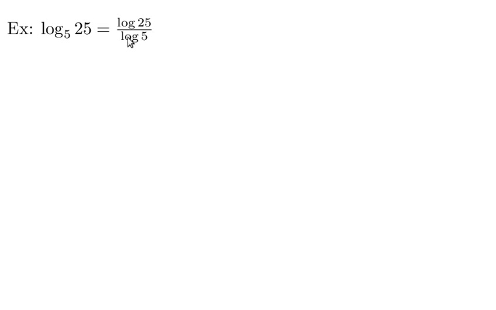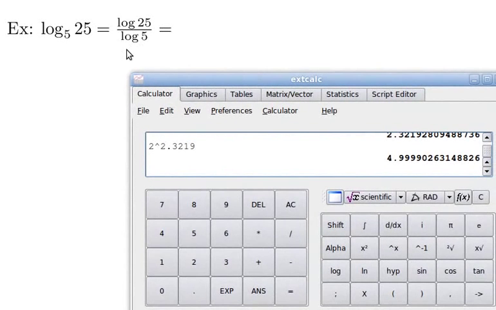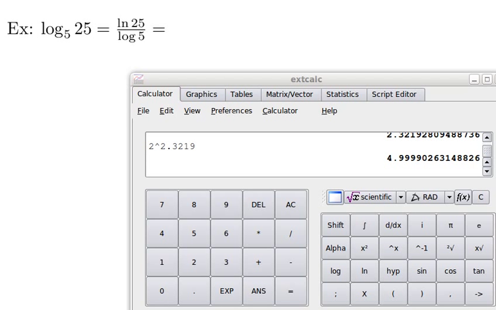Now we can calculate log base 5 of 25. We know that this is going to be 2 because 5 squared is 25, but just so we can test this new concept, let's try it out. I'm going to change this to natural log. It really doesn't matter which one, but just to mix it up a little bit. It has to be the same base on top and bottom, remember that.